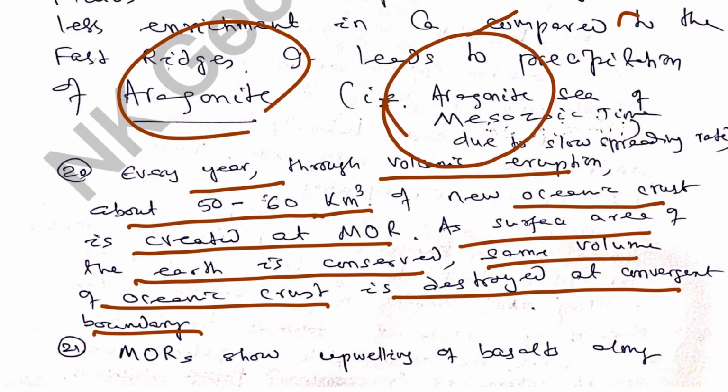If new crust is being created here, somewhere the crust will have to be destroyed. So new crust is created at the MOR, which is a diverging plate boundary, and the oceanic crust is destroyed at the convergent plate boundary. So both occur together, as a result of which the total surface area of the earth is conserved.